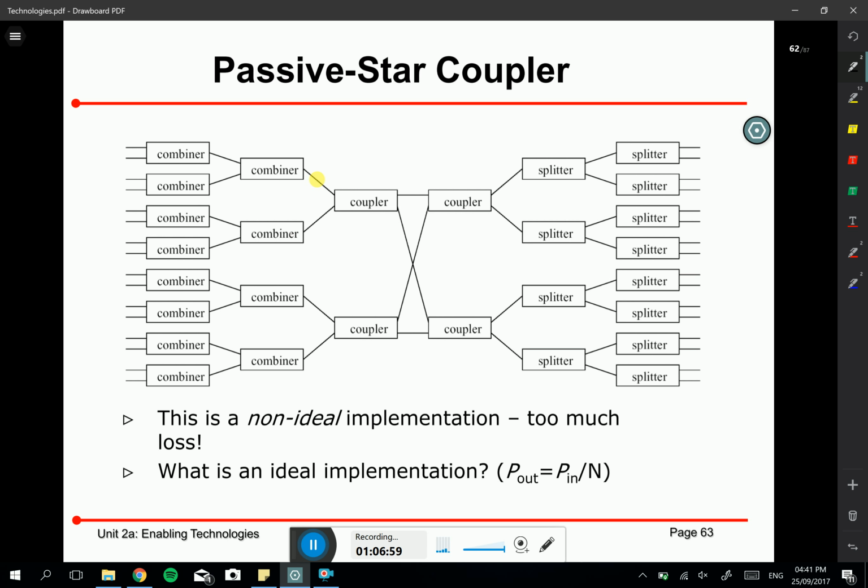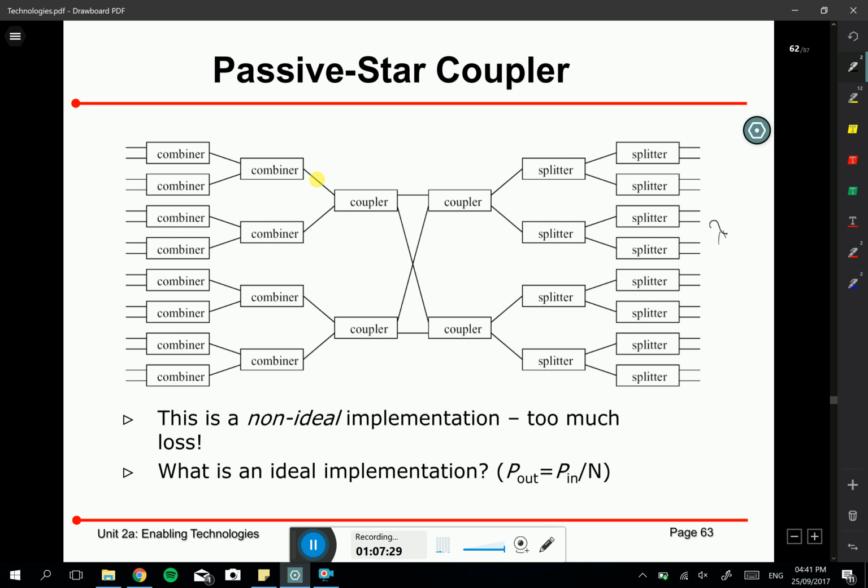Again, what's the constraint here? There should be no two wavelengths in input which are the same, otherwise they clash. And what do I get here? In terms of wavelengths. If I have lambda 1, lambda 2, and so on up to lambda 16, what do I get here, for example? All of them. Everything. From lambda 1 to lambda 16.